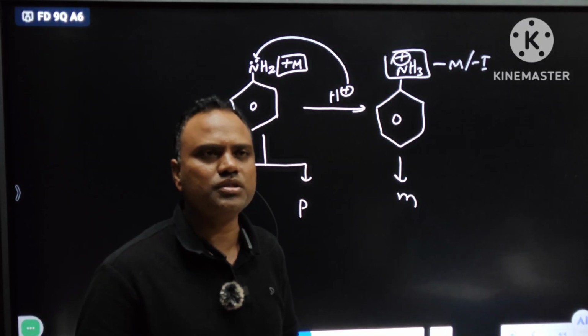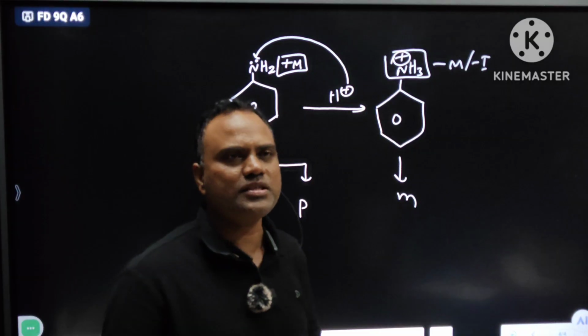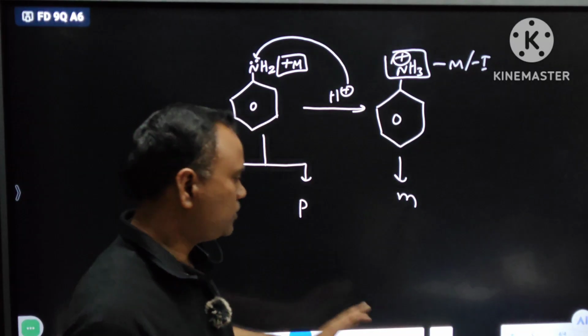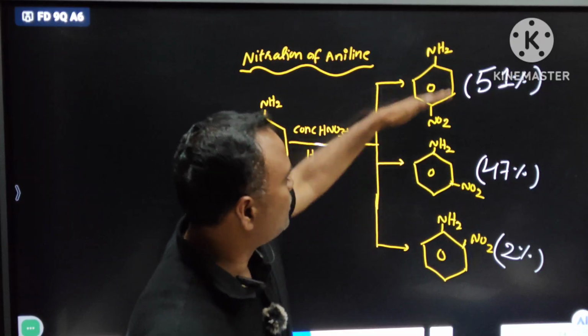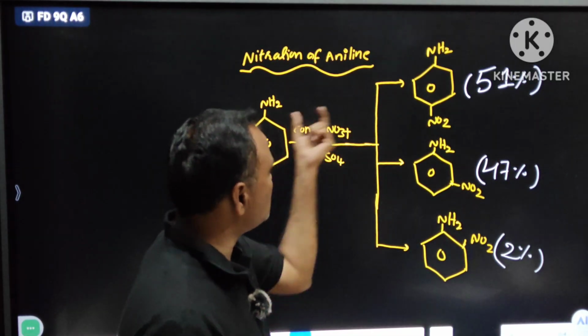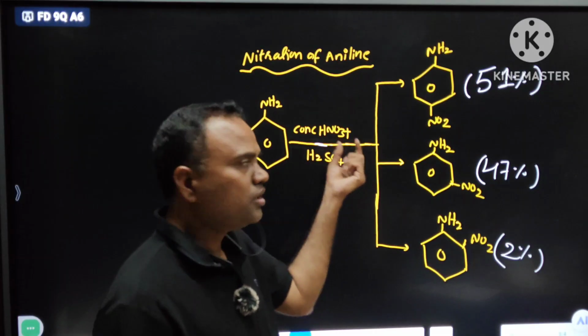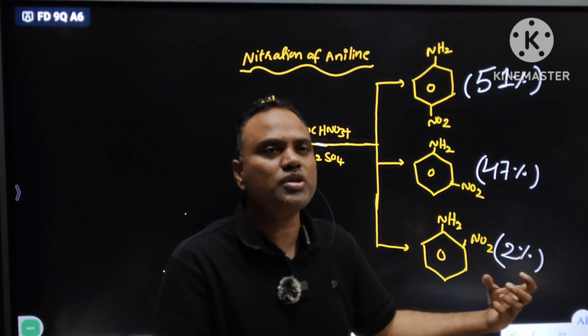Do you have any doubts in this? Plain NH2 is a plus M, ortho-para directing group. That's why we got ortho and para, because of NH2. But when we use this reagent, clear, this plus M group is converting into minus M, and minus M groups are meta directing.